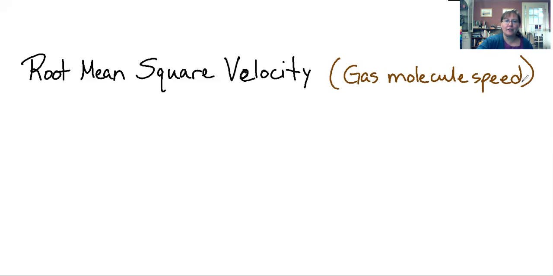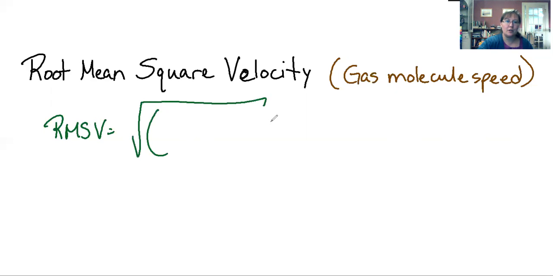This is where everything sort of gets turned on its head. Root mean square velocity, RMSV, is equal to the square root, in parentheses, of 3RT over M.